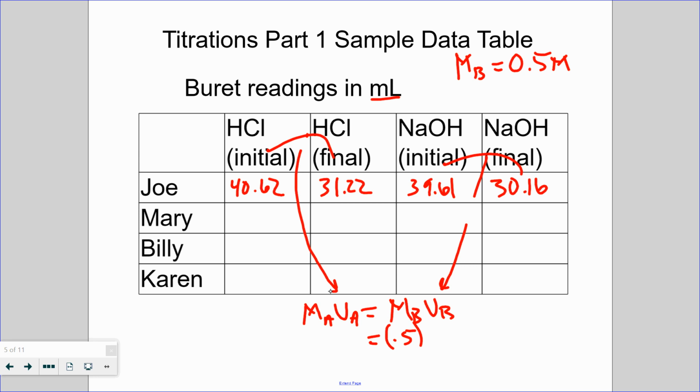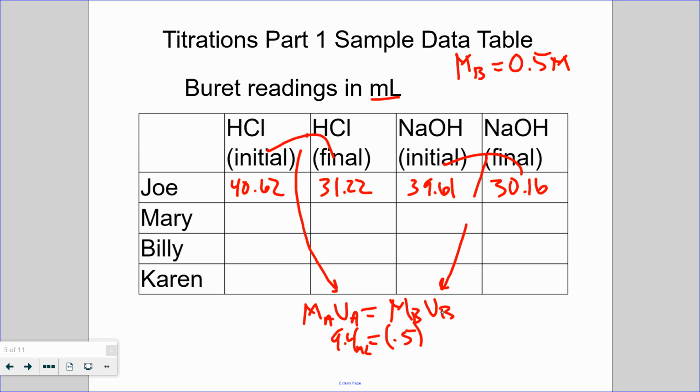That'll tell us how much we put in the reaction vessel. 40.62 minus 31.22. So we actually put in there 9.4 milliliters of acid. Yes, we can do this in milliliters. The volume of the base is the difference between these two.